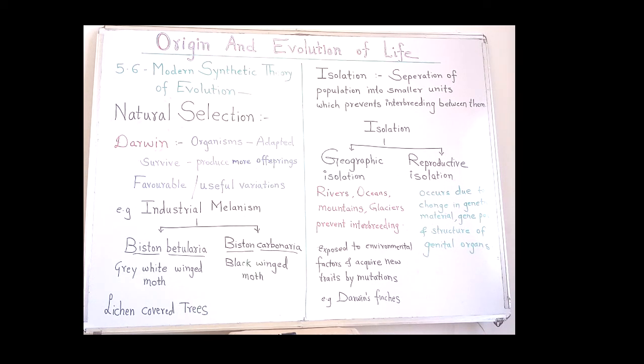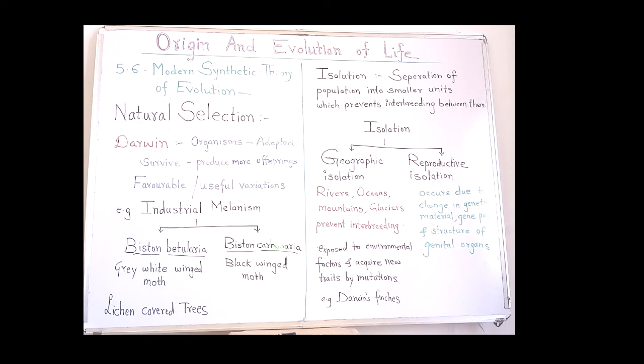Because of this, the black winged moths camouflaged themselves with the background, and grey white winged moths were easily located by the predators and became victims to the predatory birds. Now the numbers changed. The black winged moths increased in number, and the number of grey white winged moths was reduced. This was an important trait, and these are called useful variations, which are transmitted from one generation to the next generation.